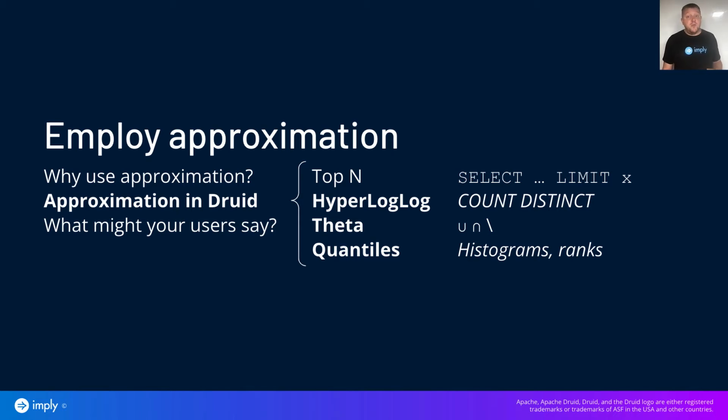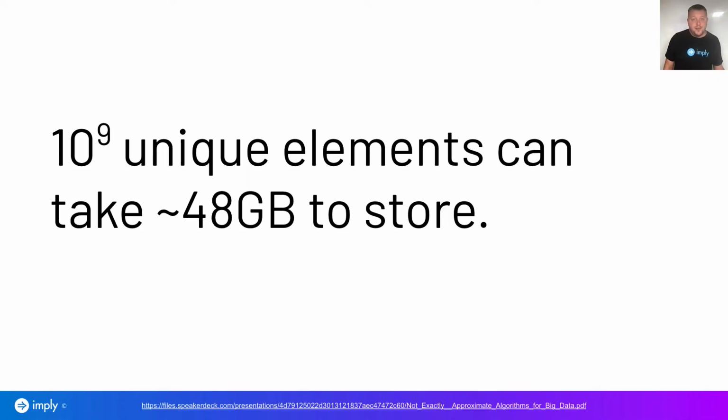At Imply, we found sketches are an exceptionally important design consideration so that you can meet that promise of sub-second, massive scale analytics in a Druid-powered application of all kinds. But why? Well, way back in 2013, the team working on Druid had a high cardinality data problem. To store 10 to the 9 elements was going to be really expensive, not just to store, but to try and do analytics on.